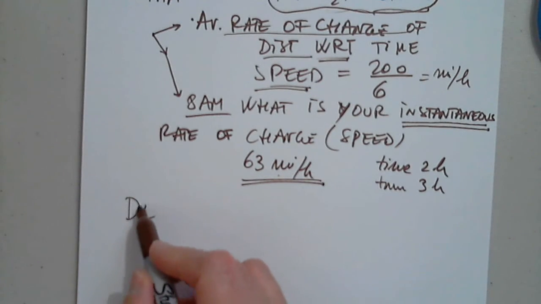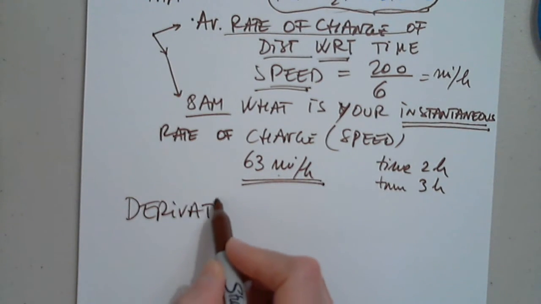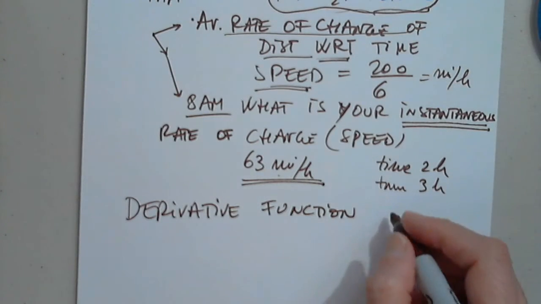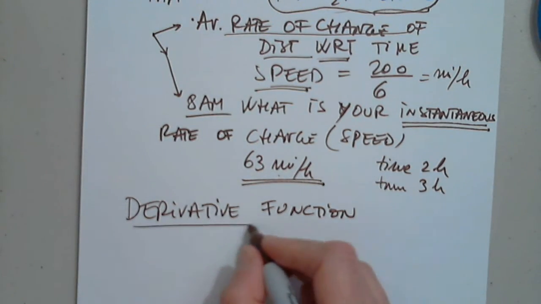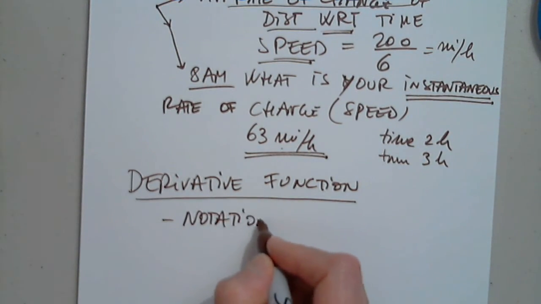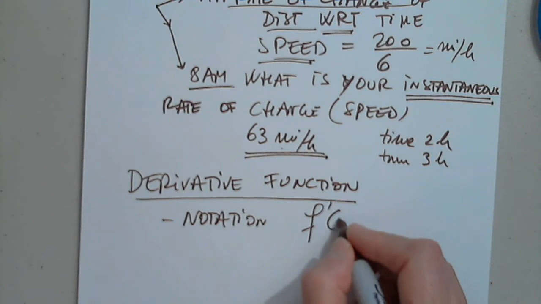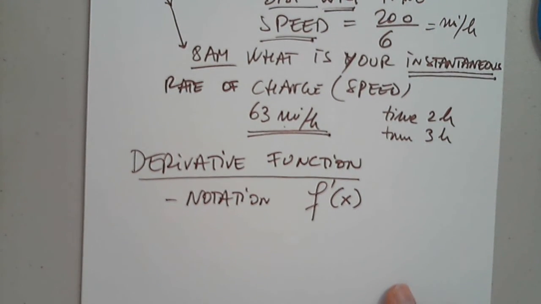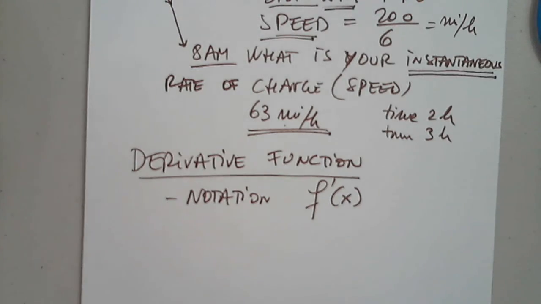So the derivative function notation, first of all, f prime. What does it give again?